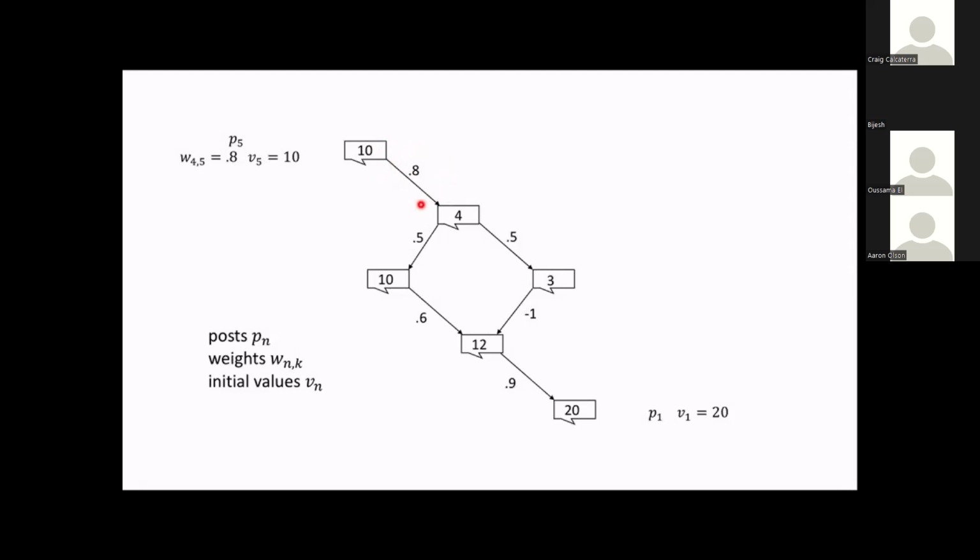So it's an ordered field here. And so we get these weighted directed acyclic graphs. The directed acyclic part means there's no cycles inside the posts, and each one references another. The weighted part is that each of these vertices has a weight to it.